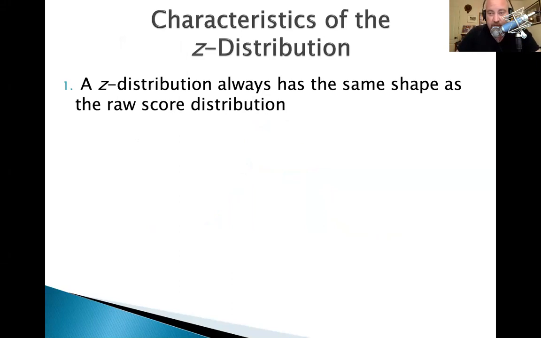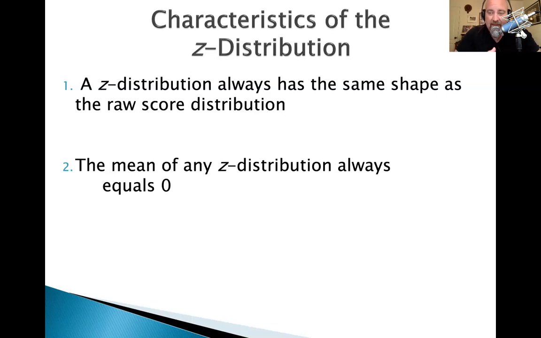If you have a skewed distribution, you can still look at z-scores, but it's going to be more difficult to interpret. So we're just going to stick with the bell curve for our class since we're learning about this for the first time. If we start with a bell curve, our z distribution is going to be a bell curve. We're not changing the shape of the distribution at all. I'm not trying to mislead people.